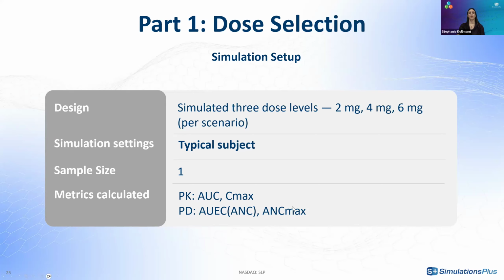So we ran simulations using a typical subject, meaning only the population parameters were considered without individual variability. For each dose, we calculated PK exposure metrics like AUC and Cmax, and PD response metrics, area under the effect curve and ANC max, to evaluate how sensitive each endpoint is to parameter perturbations.